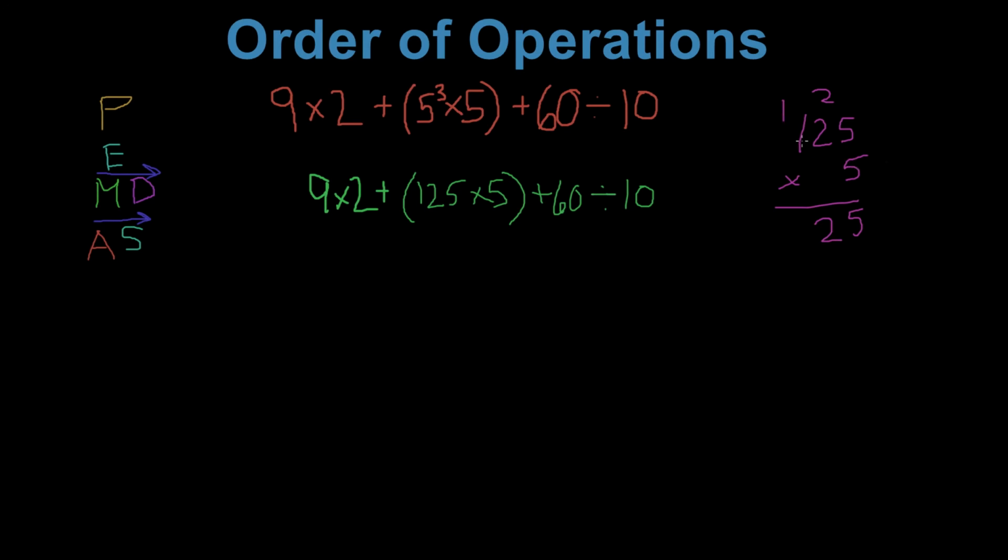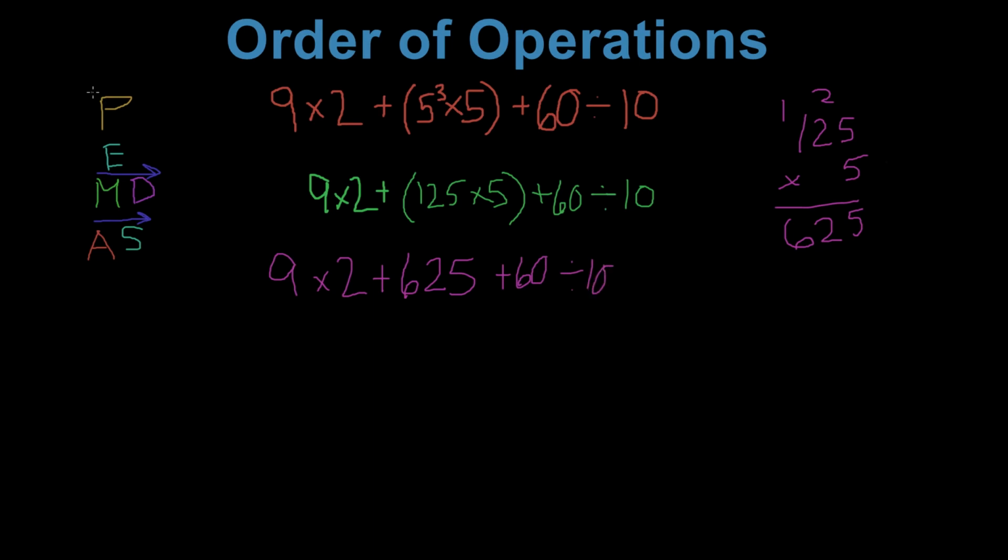And 5 times 1 is 5 plus 1 is 6. So our new problem under there is 9 times 2 plus 625 plus 60 divided by 10.